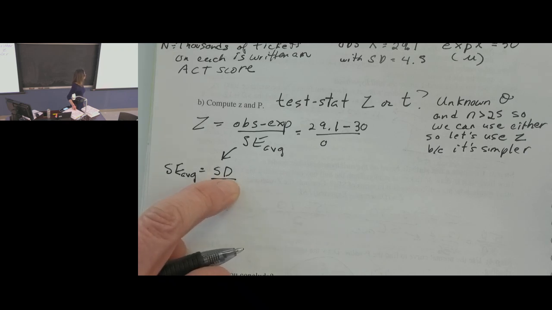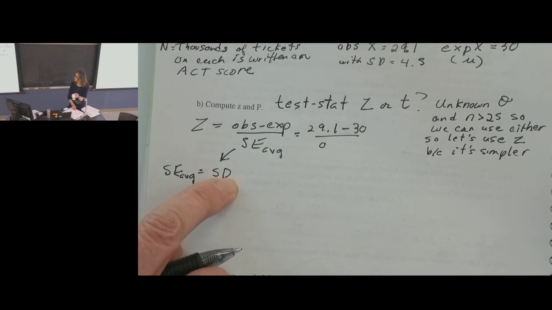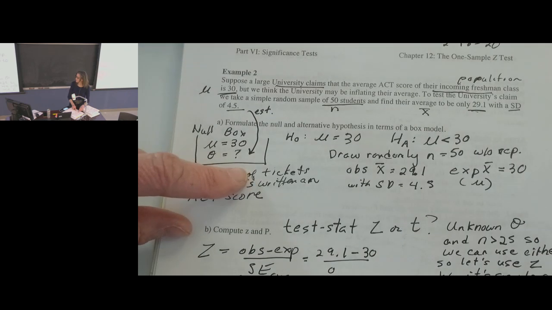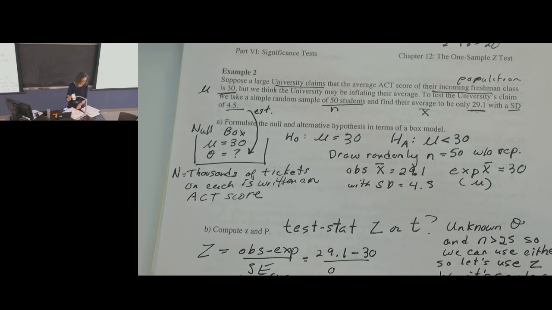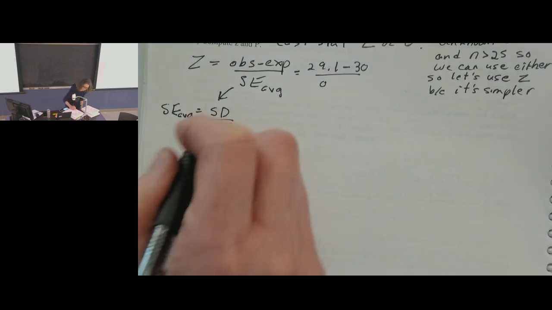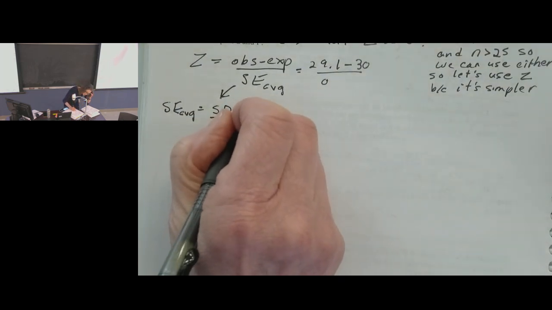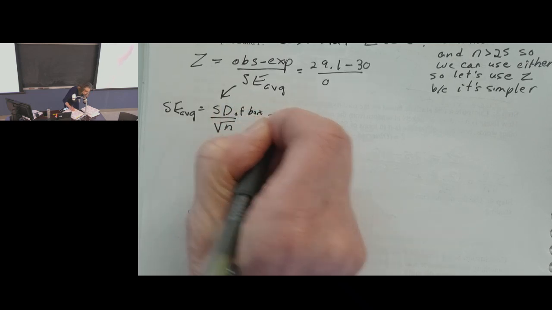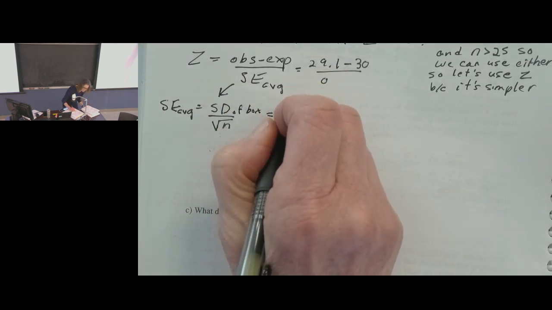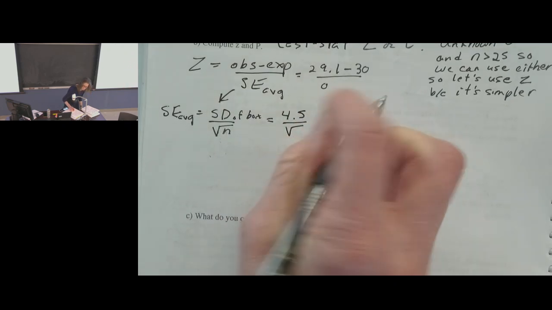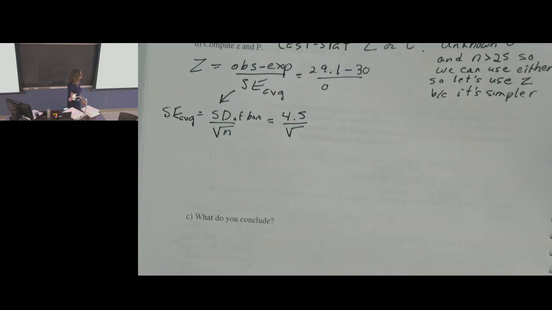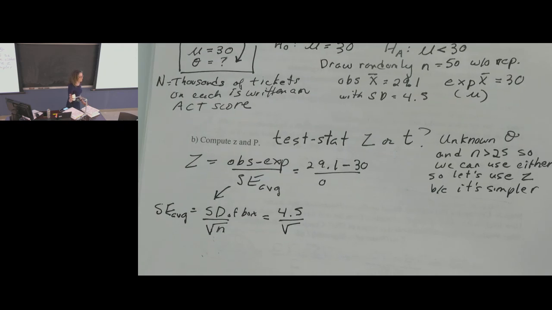This SD is really sigma, the SD of the box, the population, and we're estimating it with the 4.5, and then over the square root of, it's not these thousands of tickets here, it's n, which is 50.